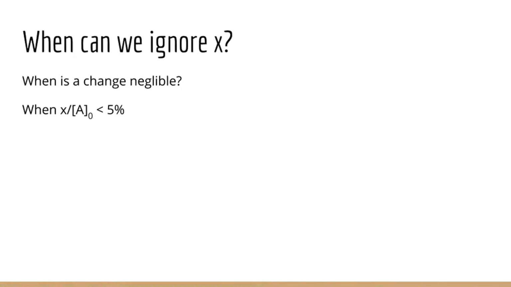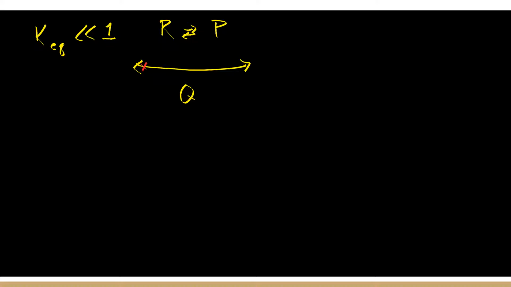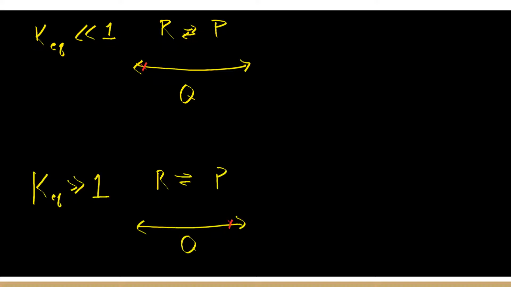Another good rule of thumb is just look at the equilibrium constant. If you have a really tiny equilibrium constant and you're going to the right, then you're not going to have to worry about it, so long as you have a significant amount of stuff there on the left to start with. If you have a huge equilibrium constant and you're moving to the left, then you probably don't have to worry about it.